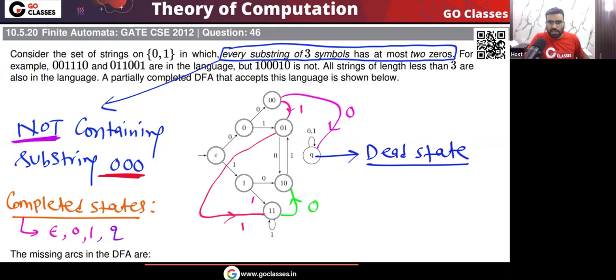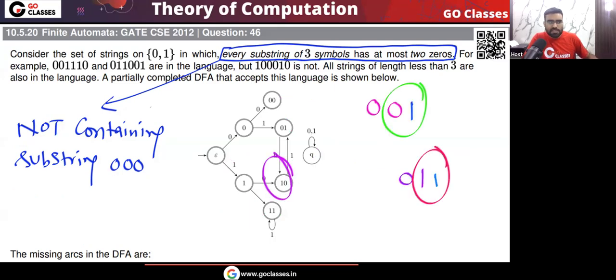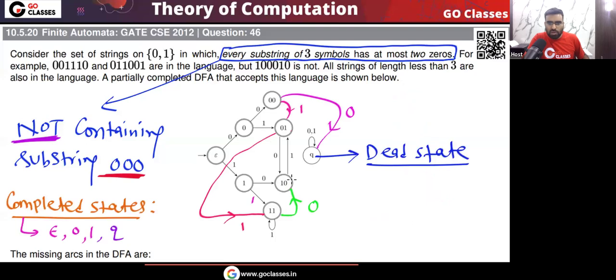Next, in this state 1 0, if 0 comes, where will I go? I will go to double 0. Yes or no? Okay, that's it. This is your answer.